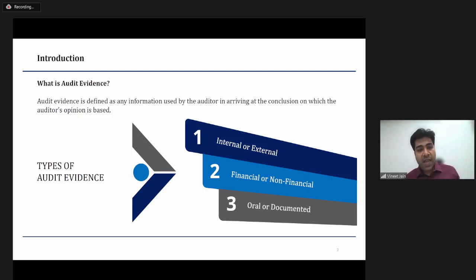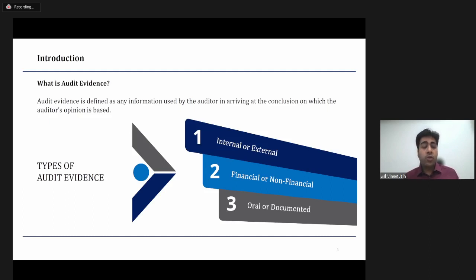Whereas non-financial audit evidence focuses more on the qualitative aspects of the financial statements, like the notes to accounts, the disclosures, secretarial records, minutes of the meetings, board resolutions, and all such information which does not have a number impact on the financial statements. But yes, the other disclosures and quality of the financial statements are dependent upon this information, and it is known as non-financial audit evidence. Then the third type of audit evidence is oral or documented.